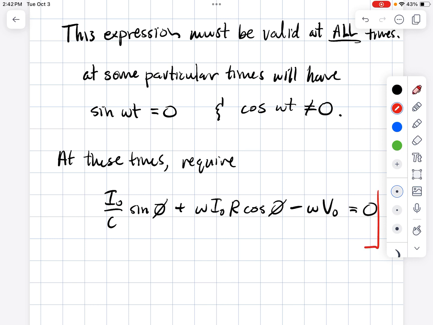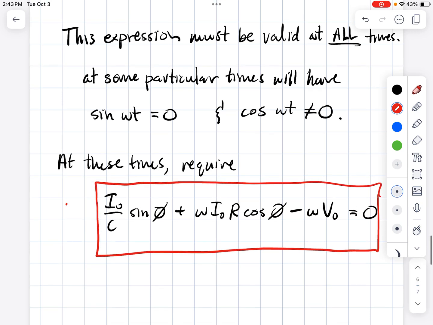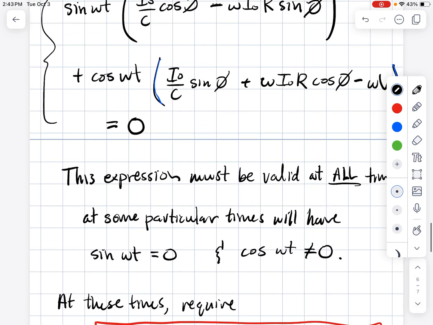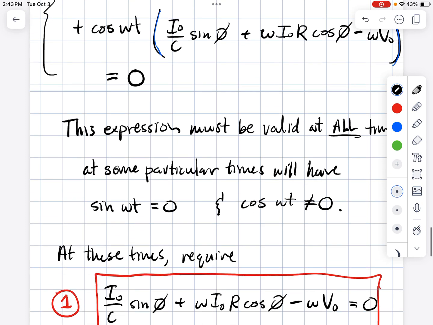Okay, so I'll label this as equation 1. And in fact, equation 1 has to always be true because if it's true at some time, it has to be true at all times.